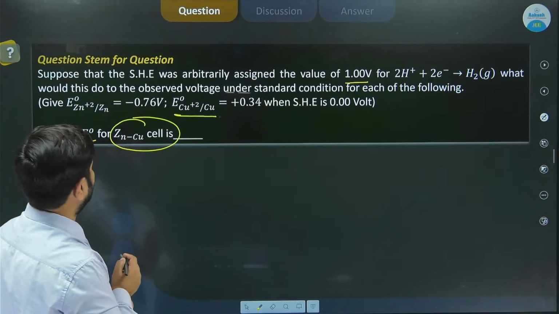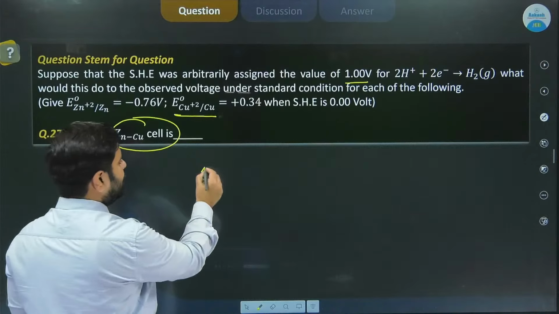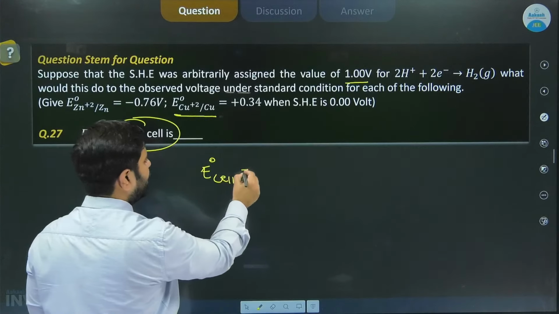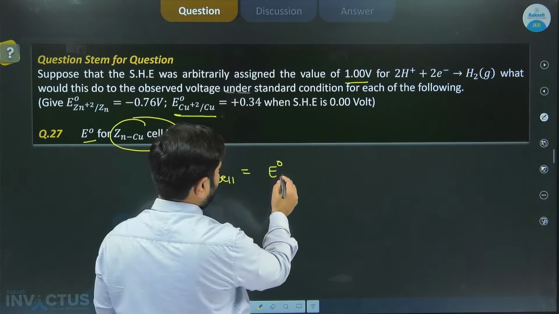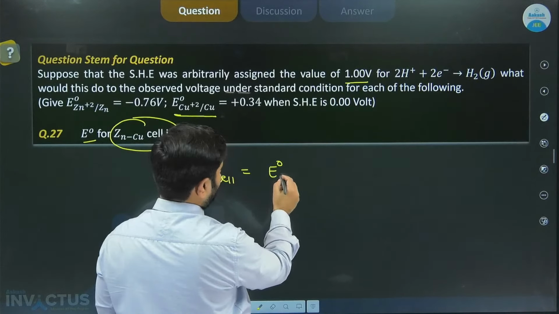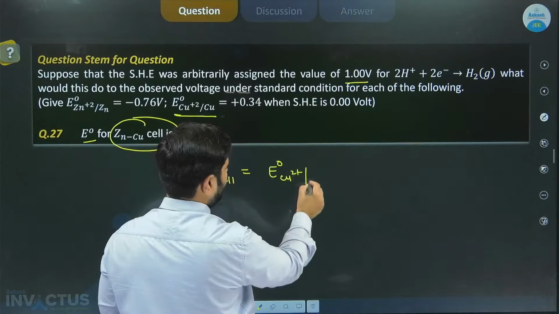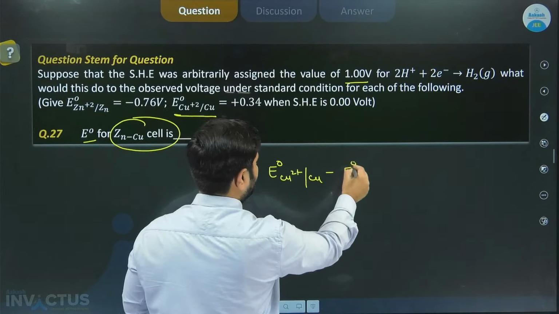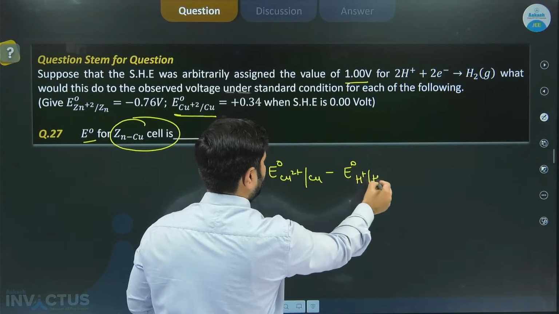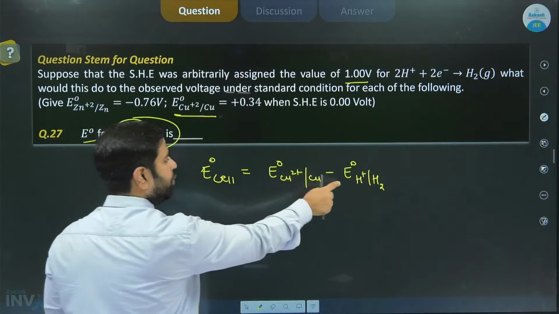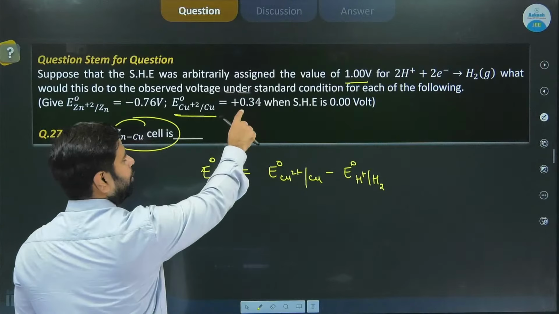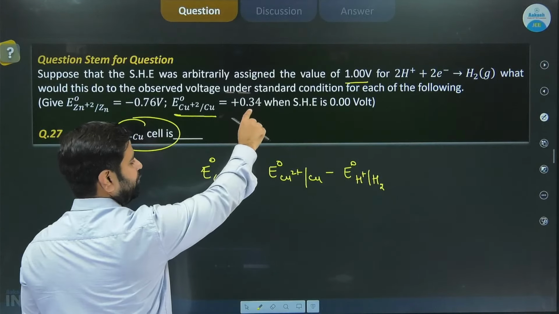Let's calculate. Now, E0 cell would be equal to E0 copper 2+/copper minus E0 H+/H2. When it is 0 volt, E0 cell would be equal to 0.34 volt.